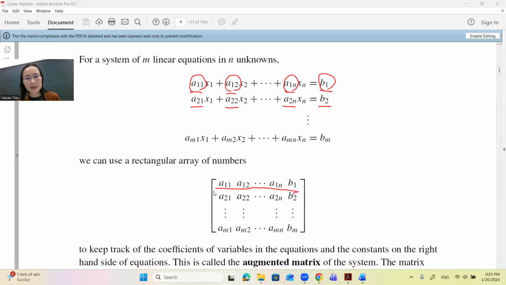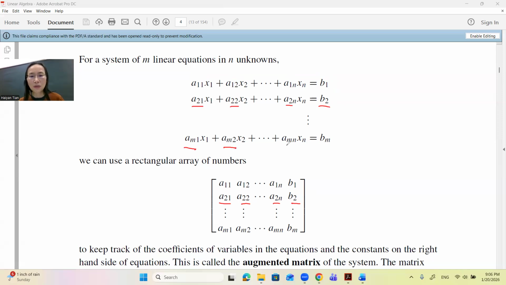Then we get the second row of a matrix. And then how many rows? We can get a total of m rows of the matrix, because I have a total of m equations, right?